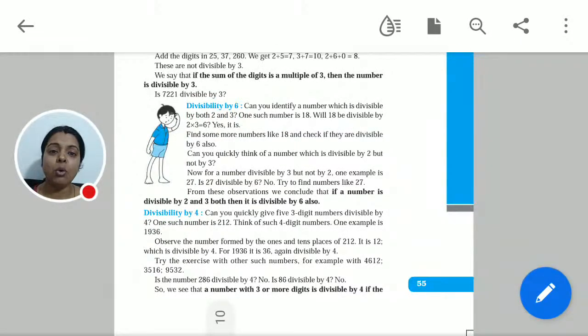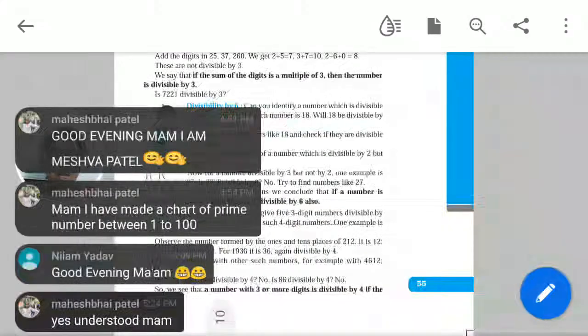Just let me know if you understood those five. What are those five? 10, 5, 2, 3, and 6. What about 10? 0 at the end. What about 5? 0 or 5 at the end. And what about 2? Ending in 2, 4, 6, 8 or 0. Then what about 3?